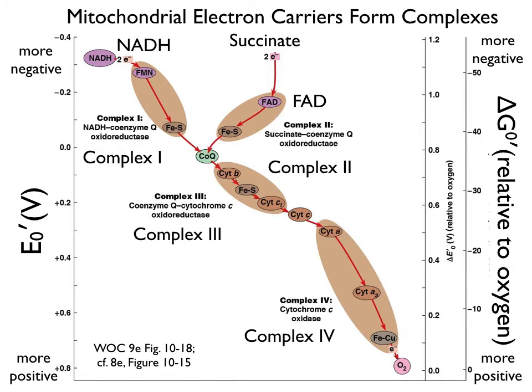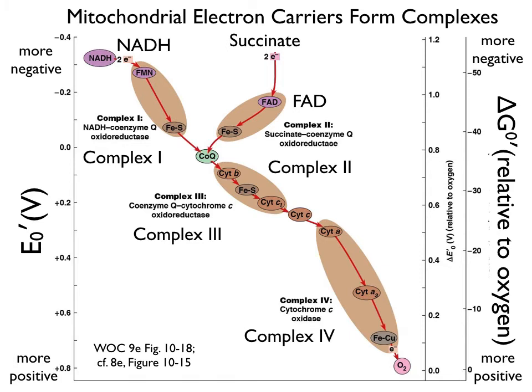You can also see that there's another complex, and unfortunately they're not numbered in order, but that other complex is called complex 2. It's up at the top there, and you can see that I've written succinate in, because it turns out that succinic acid from the citric acid cycle feeds in here. So one of the complexes associated with the citric acid cycle is actually part of the electron transport chain and is localized at the inner membrane of the mitochondrion.